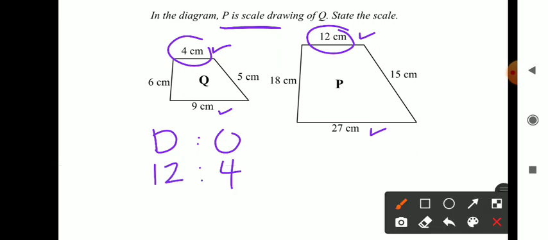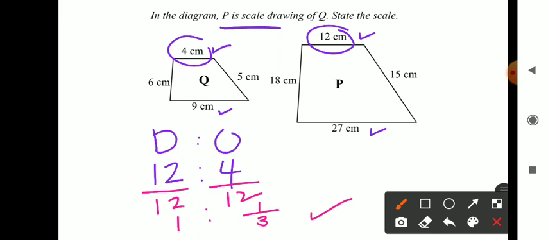If this is 12, you divide all with 12. 12 divided by 12, you get 1. We always want to get 1. Then 4 divided by 12, don't put your answer as 0.3333. I change it to fraction form, 1/3. So this is your answer, 1 to 1/3.